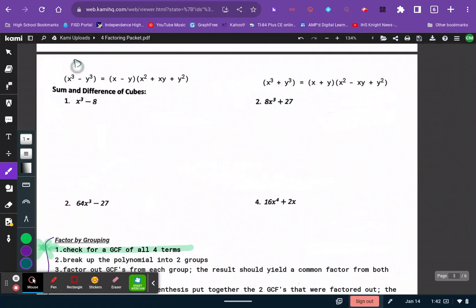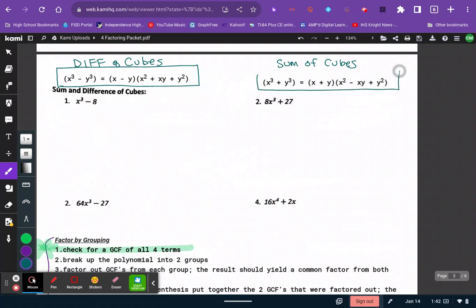This would be the pattern for a difference of cubes. This is the pattern that will follow for a difference of cubes, and this one being sum. In order to have a sum or difference of cubes, you have to have two terms. Both of the terms have to be perfect cubes, meaning you can multiply them times themselves 3 times and get the term that's given in that spot.